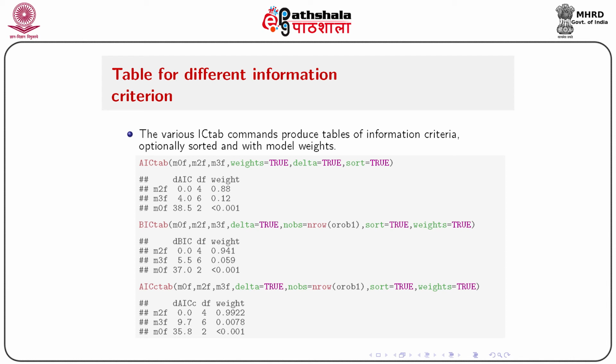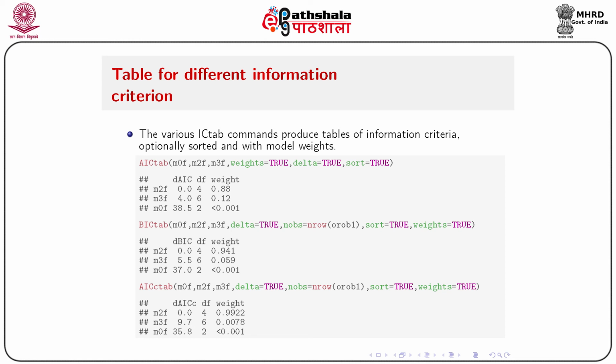And then the table for different information criteria. The various ICtab commands produce tables of information criteria, optionally sorted and with model weights. Say AICtab of m0f, m2f, m3f, with weights = TRUE, delta = TRUE, sort = TRUE. You will get the dAIC, degrees of freedom, and weight.